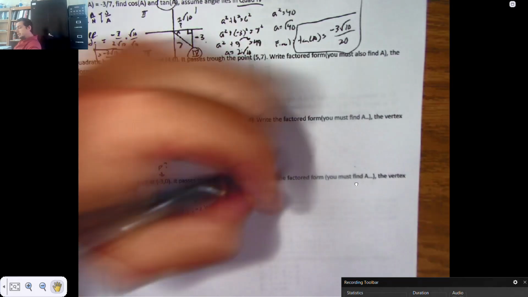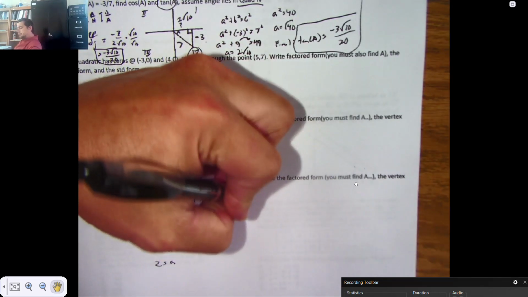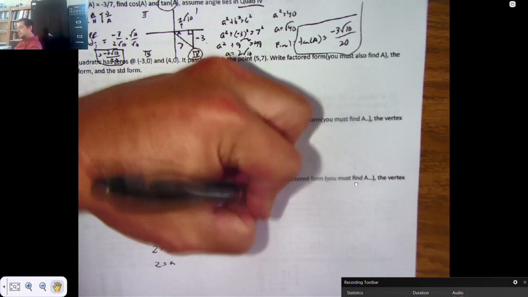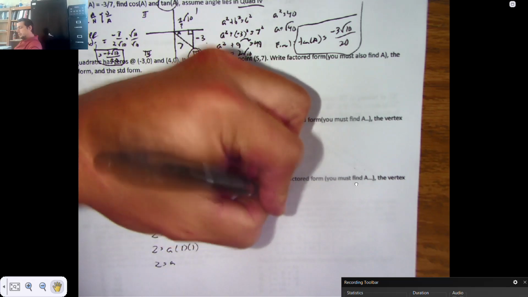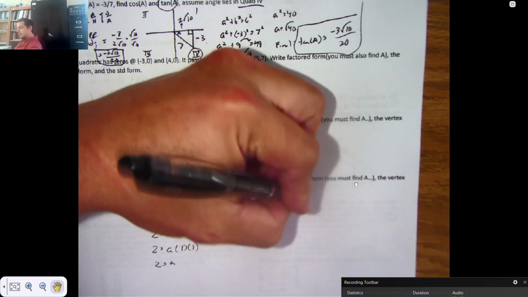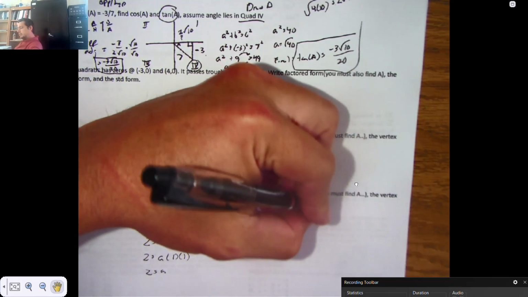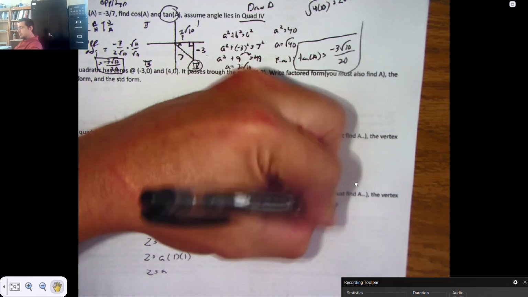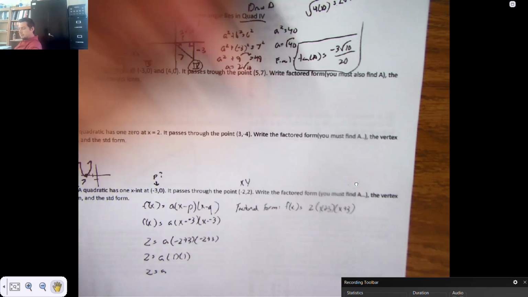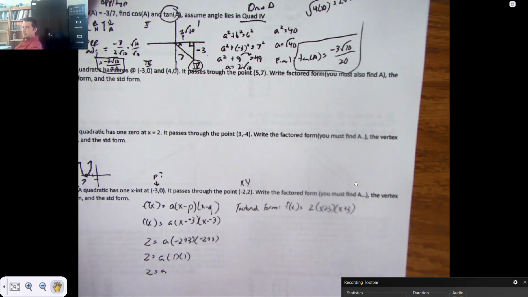So my factored form, I got tired again, is f of x is 2 times x plus 3, written twice. That's my factored form.